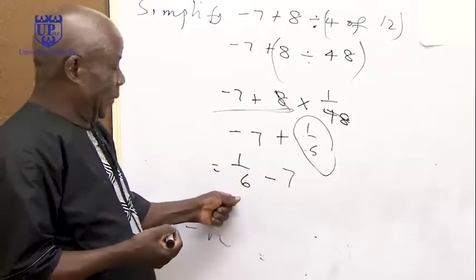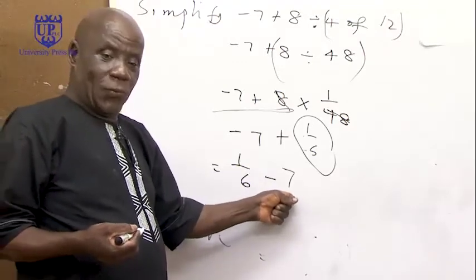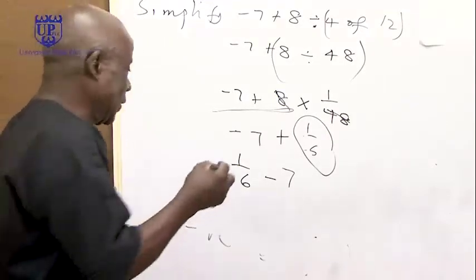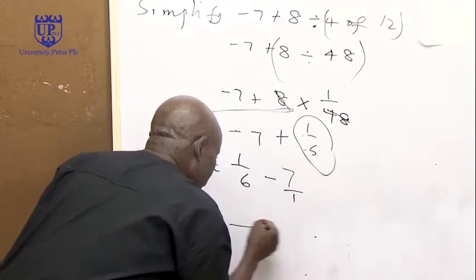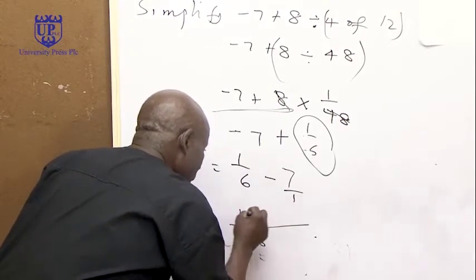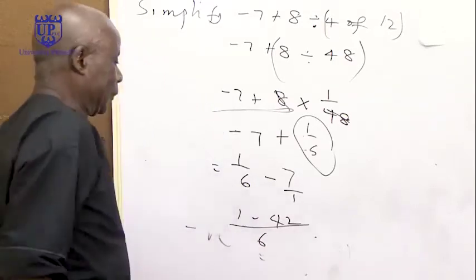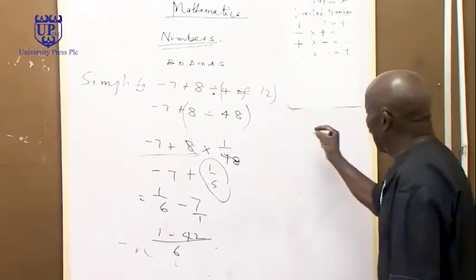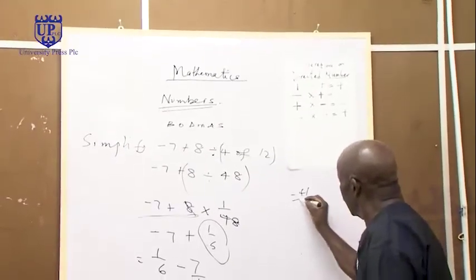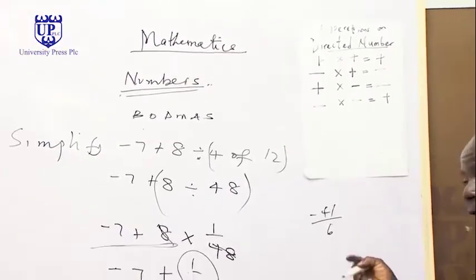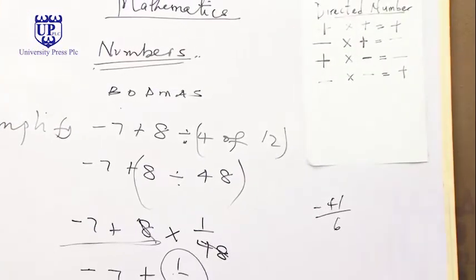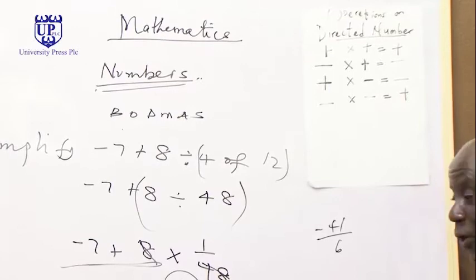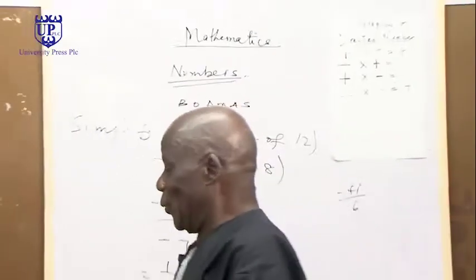Then this is a fraction, this is a whole number. You find the LCM and the whole thing will carry a negative sign. 1 minus 42 over 6, that is minus 41 over 6. You either leave it like this or change it to a proper fraction. Do not change it to decimals.